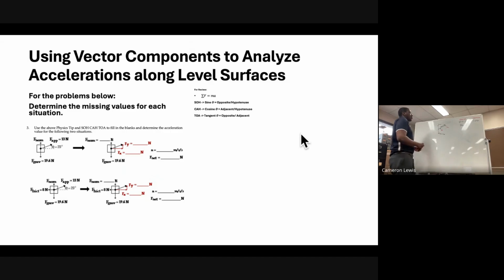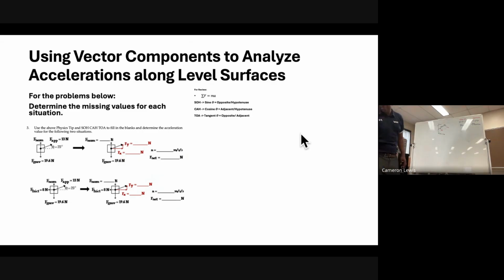So now, are my forces in the horizontal X balanced or unbalanced? Unbalanced, right? Because I just have F applied X going to the right. Do I have anything going to the left? No. So now we have this unbalanced. So we can say, similar to the other problems, the sum of my forces in my X equals mass times acceleration.